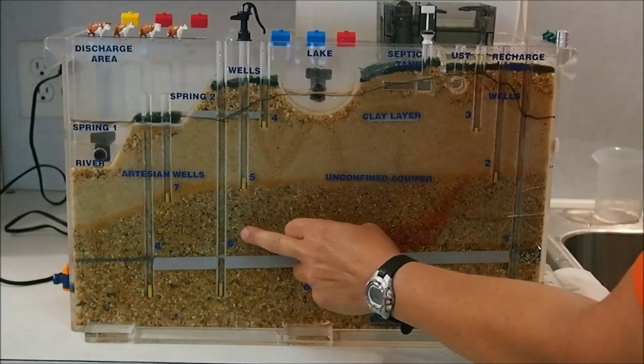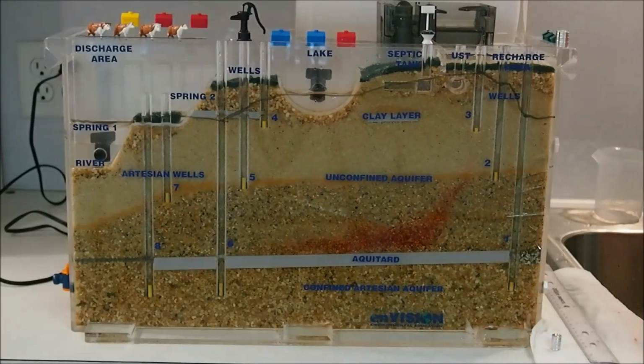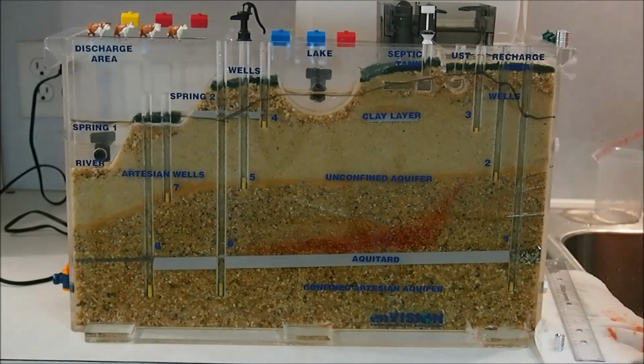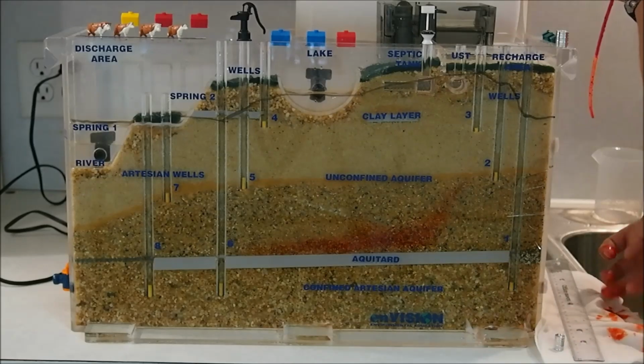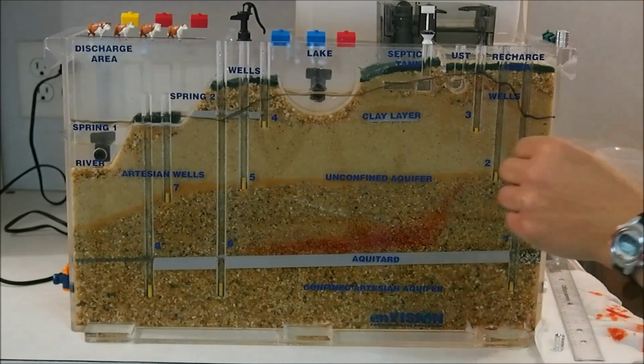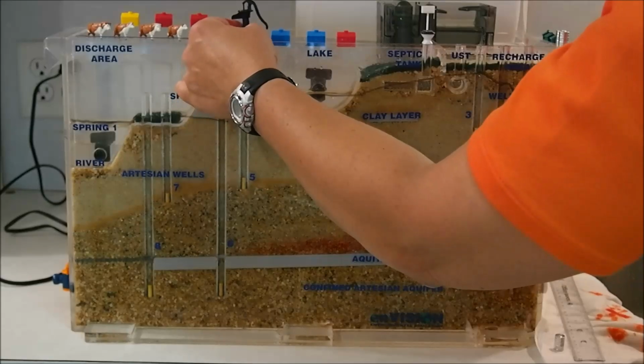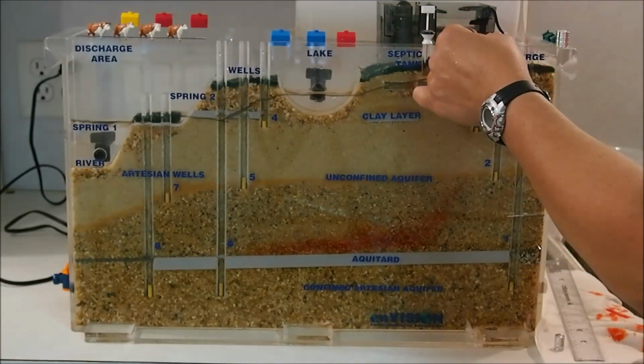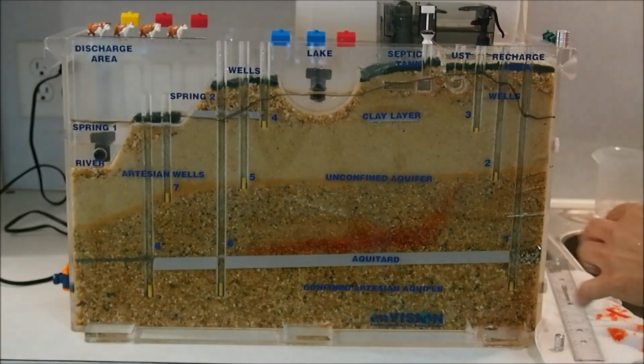In the coarser sand. I think I'm going to have red fingers for a couple days. Alright, so let's try it out over here. Move my little well to where the other wells are.